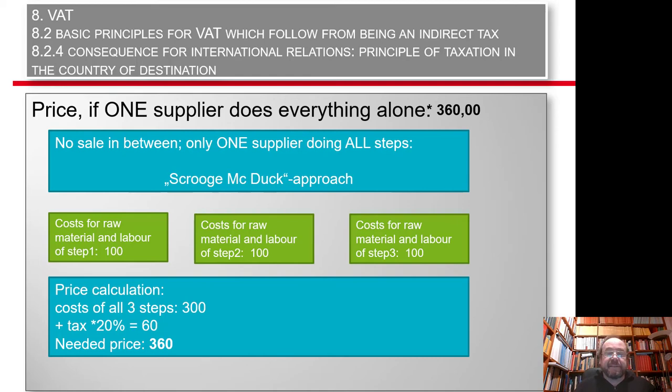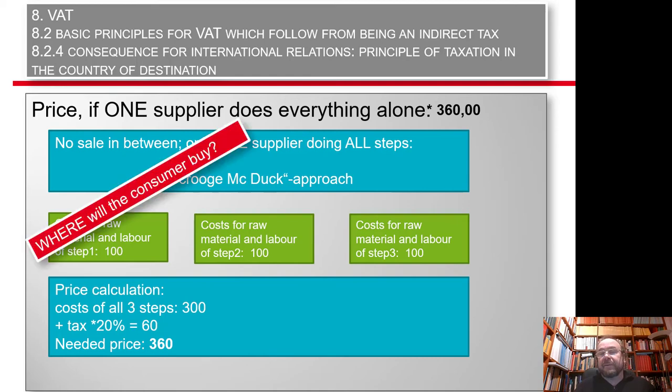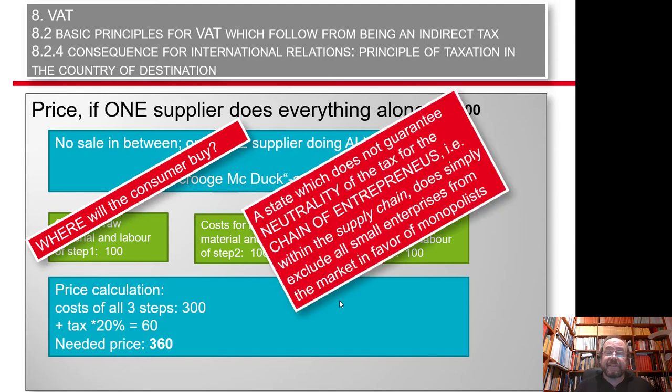And naturally, there is one question which shows up. Where will the consumer buy? For 436.80 or for 360? The answer is clear. They will all buy from Scrooge McDuck.